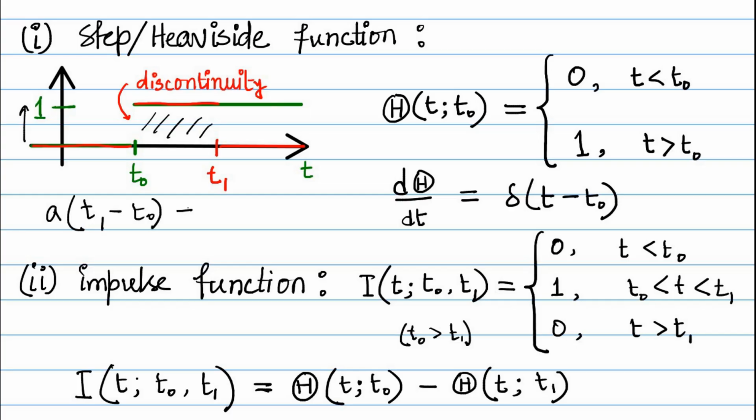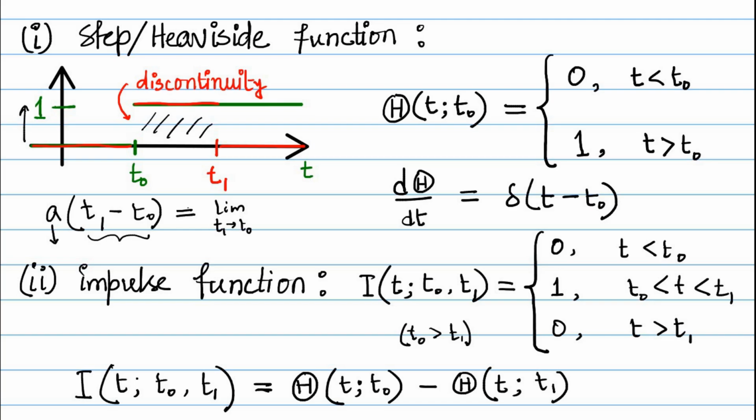If you want to keep it constant, what you can do is take the limit in such a way, so limit t1 gets to t0, but the area remains constant. I'm speaking intuitively, of course. So this a is not just a constant, it becomes a function of t1 minus t0, because a has to change in such a way that when you take this limit, the area remains constant. You'll see that the function resembles more and more the delta function.